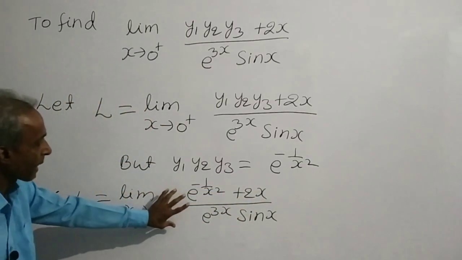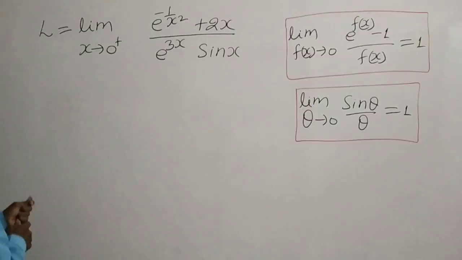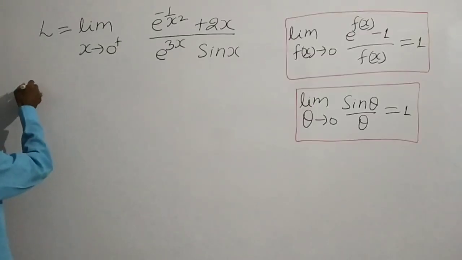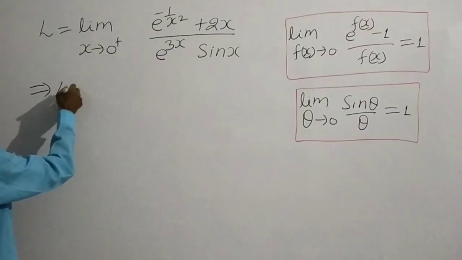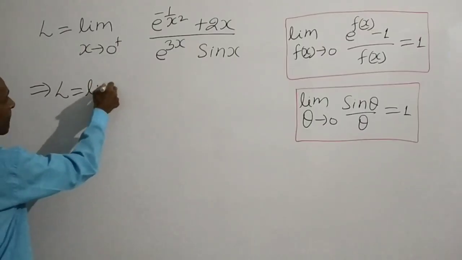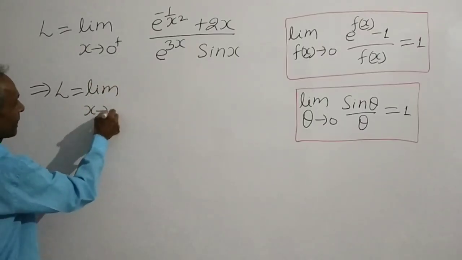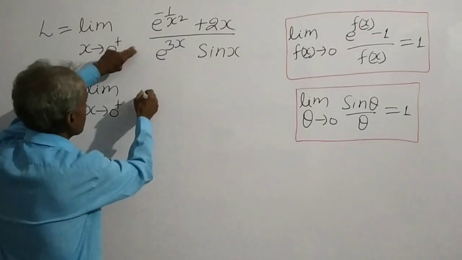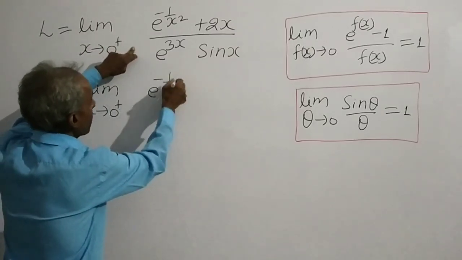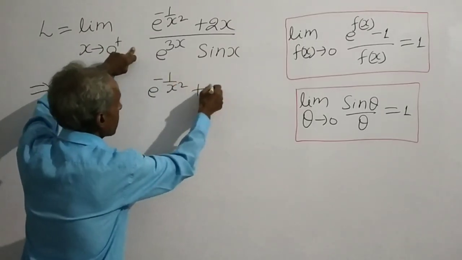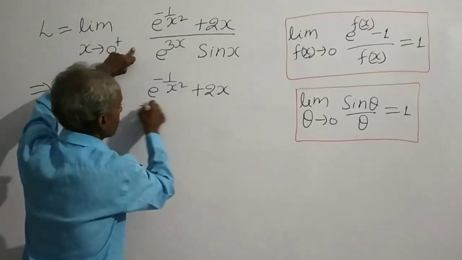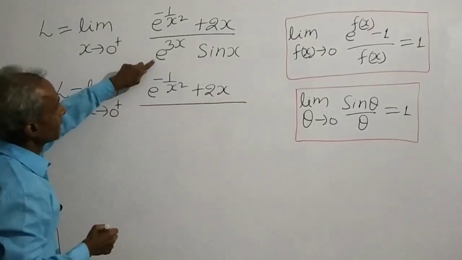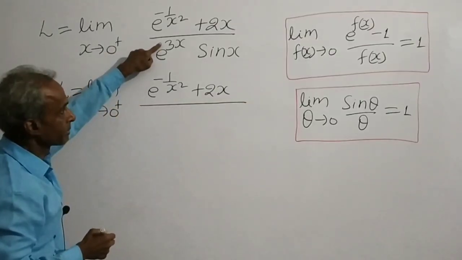Now we have to find this limit. This implies L is equal to limit of x tends to 0 plus e to the power minus 1 by x square plus 2x by e to the power 3x.